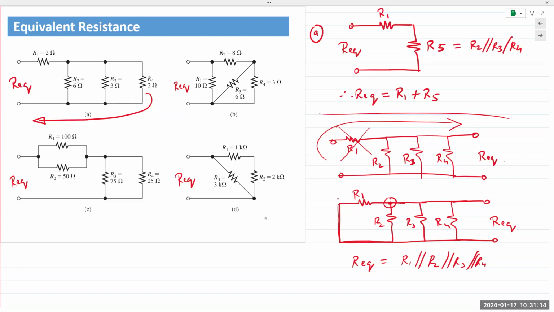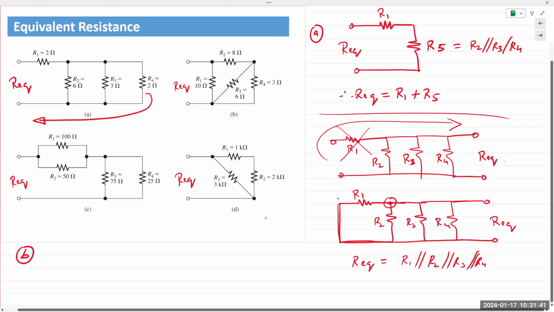We take it step by step. Just because a resistor is on the diagonal or drawn in the circuit schematic diagonally, do not let it throw you off. Step by step. First of all, we start at the farthest end at R4. Again, I'm talking about circuit B. We start at the farthest end.